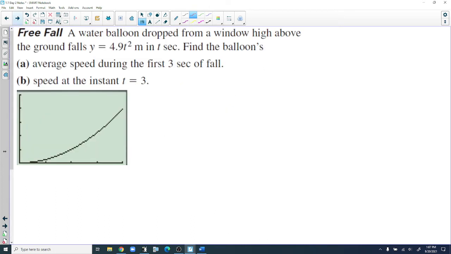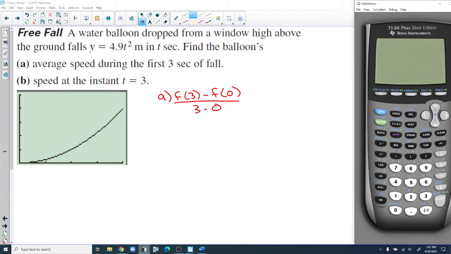A water balloon dropped from a window high above the ground falls y equals 4.9 t squared meters in t seconds. Find the balloon's average speed during the first 3 seconds. We need f of 3 minus f of 0 over 3 minus 0. So let's find out what 9 times 4.9 is. Whoops, I got to turn the calculator on first.